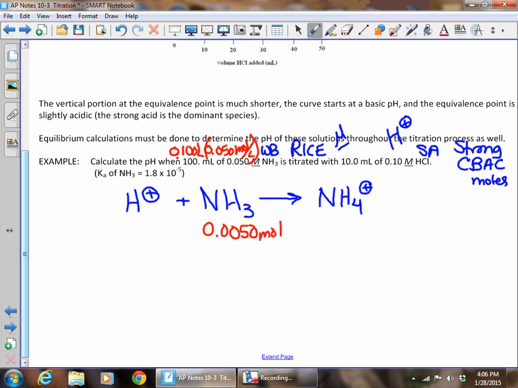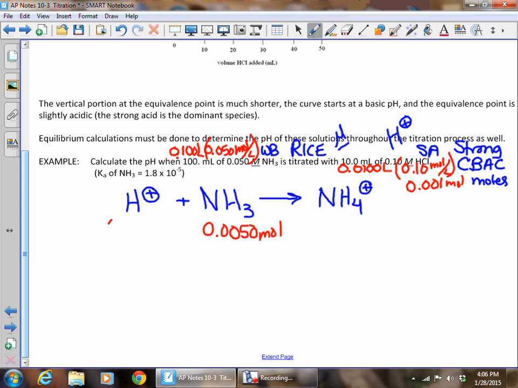And then our 10 milliliters, which is 0.01 liters times our 0.1 moles per liter, gives us a value of 0.001 moles for our acid.